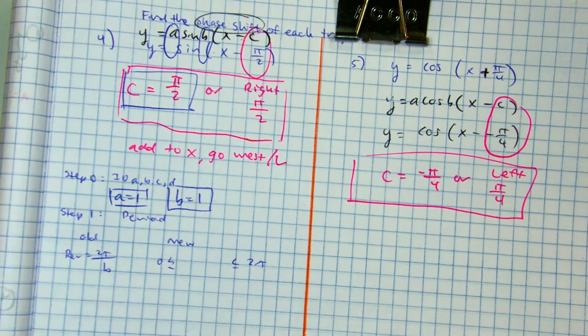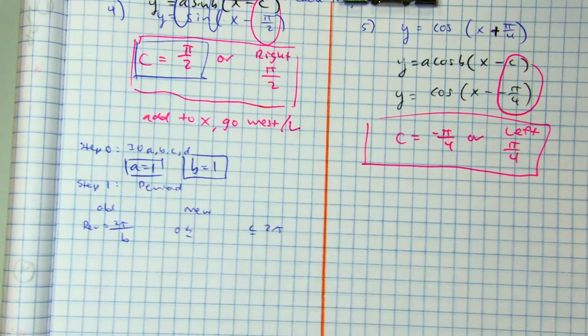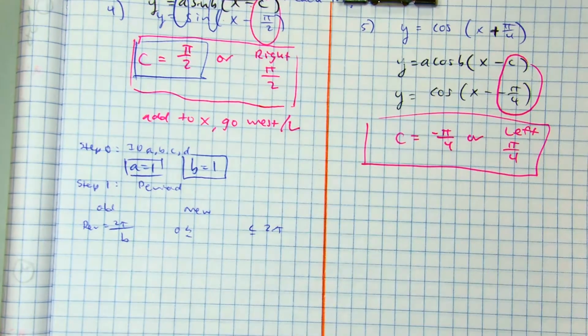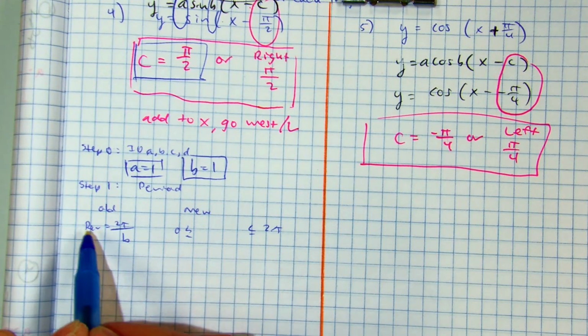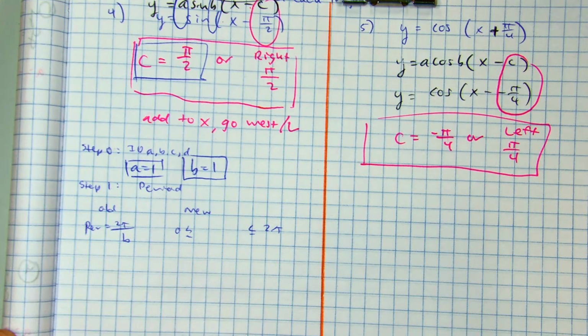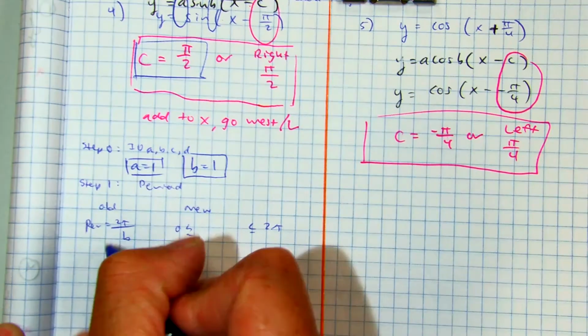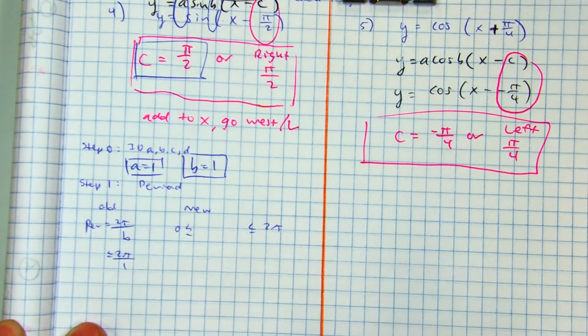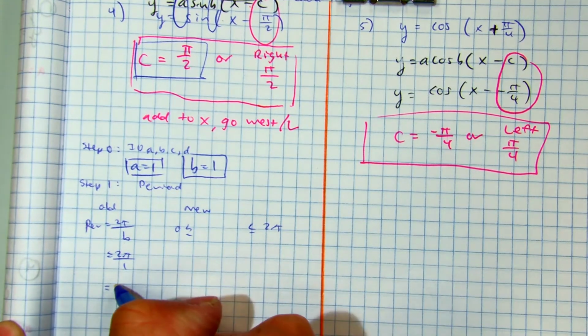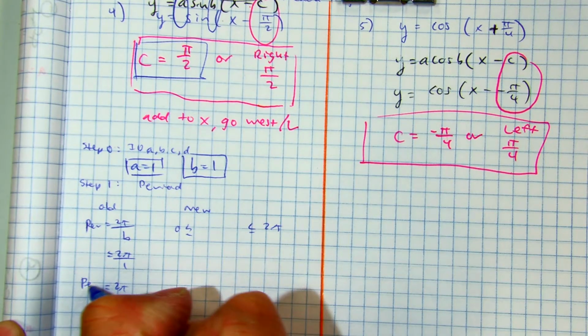When I find the period, what did you get? What's your B value? 1. So 2 pi over 1 is just 2 pi. Raise your hand if you got that.